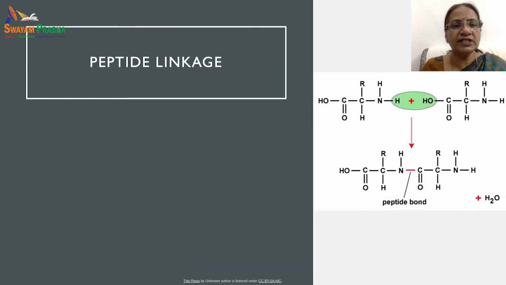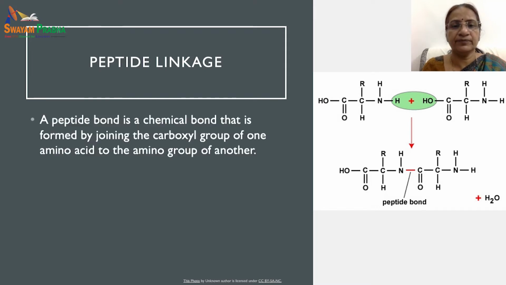Now we shall study peptide linkage. Peptide linkage is the linkage through which two amino acids join together. A peptide bond is a chemical bond that is formed by joining the carboxyl group of one amino acid to the amino group of another amino acid.